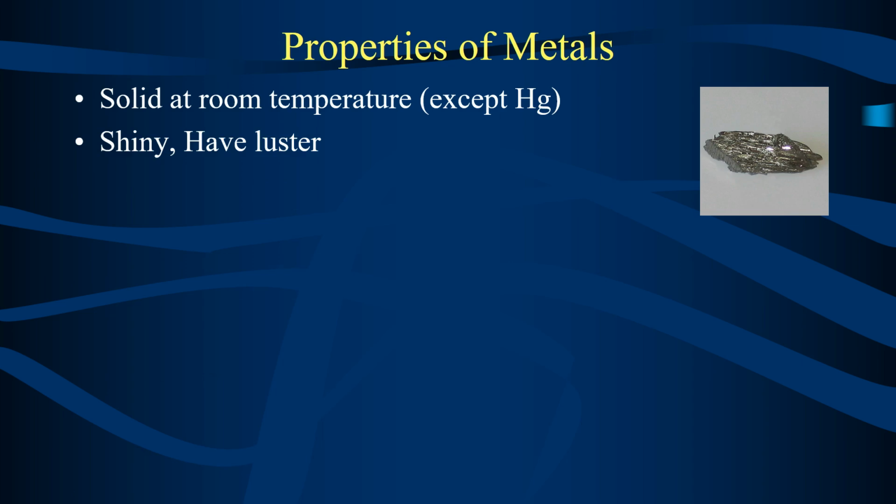Metals tend to be shiny. Another way to say that is they have luster. Luster is just the fancy word for being shiny. They are malleable. Malleable means that you can take a hammer and beat them into shape.